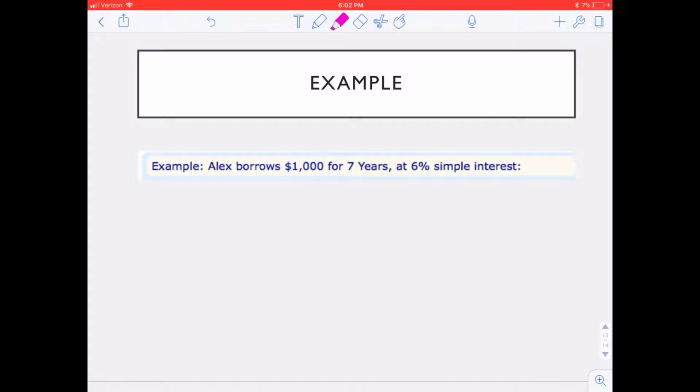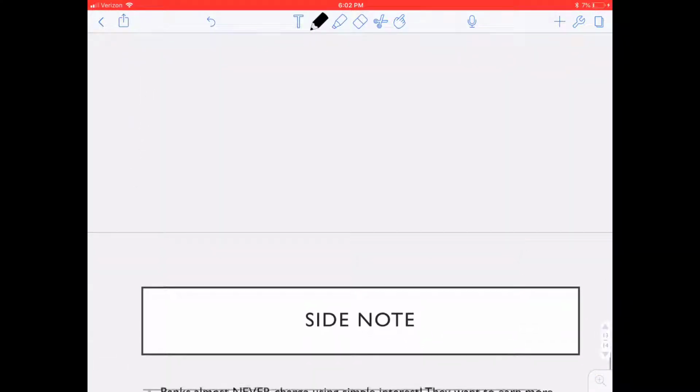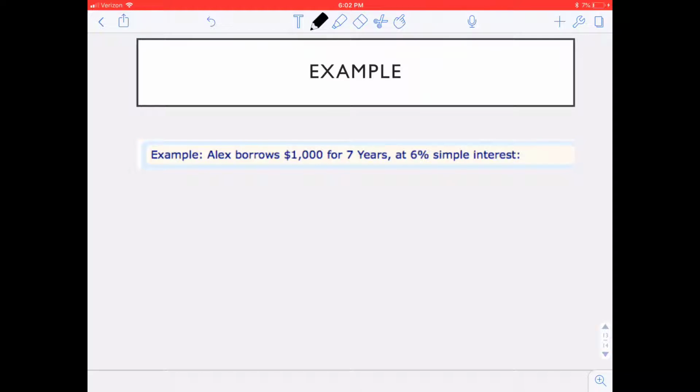So here's another example. Alex borrows $1,000 for 7 years at 6% simple interest. What would be our final interest value as well as the final amount to pay back? Well, in order to calculate the interest, we're going to do P times R times T. My P is 1,000 times my 6% times my time.